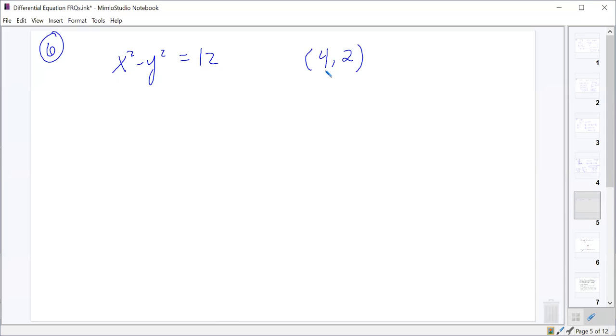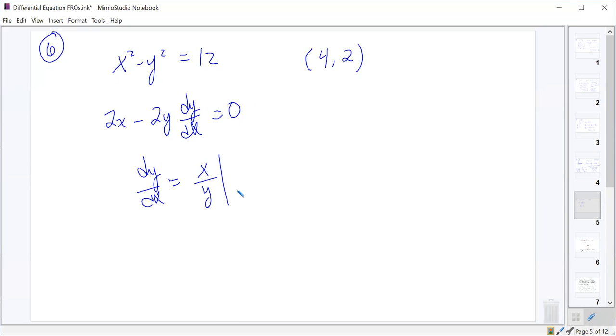We have the point. So to find the slope, we'll just differentiate this implicitly, which will give us dy/dx. If I bring that over and then divide by the 2y, it just equals x over y. If we evaluate that at the point (4, 2), that equals 2.